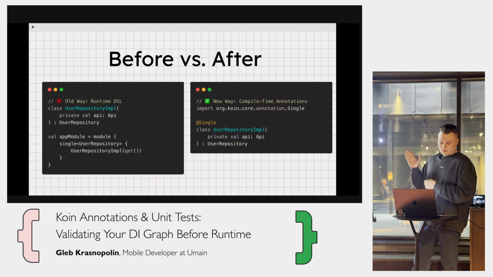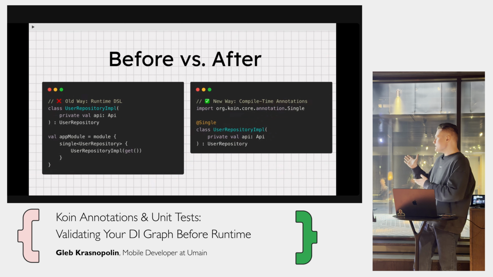On the left, you have the classic Koin DSL. We have to manually define a module, explicitly declare the single, and use get to resolve the dependency that we have inside. It works, but as your project grows, this module file becomes massive and perfect material for merge conflicts.